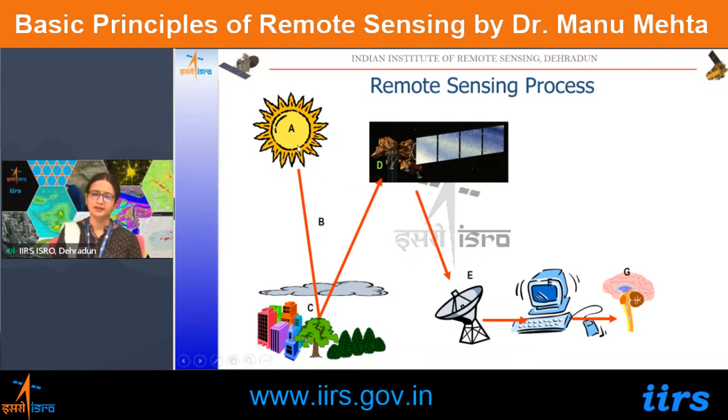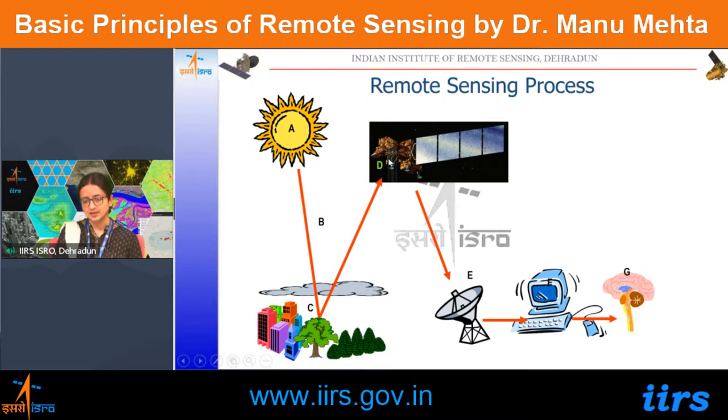So what we see here is we need a source. The source of energy releases some energy. So we need some medium of information, that is your electromagnetic radiation. This electromagnetic radiation reaches the target. The target reflects a portion of energy.